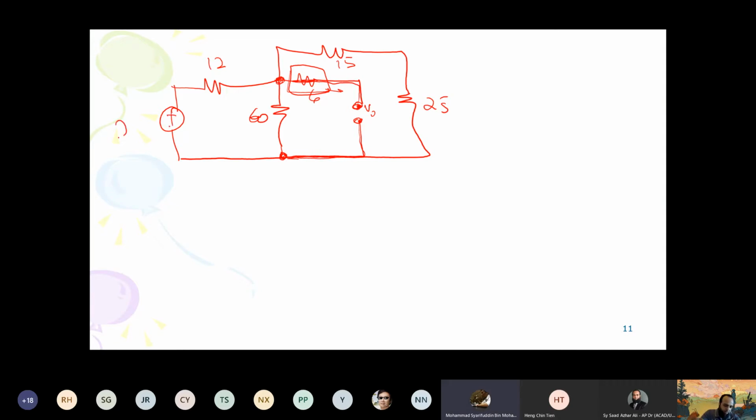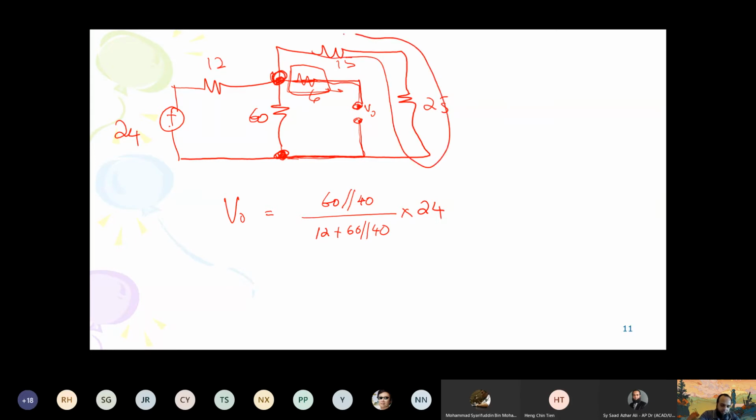So we can find the V0, which is actually this voltage, equal to 60 parallel with 40 divided by 12 plus 60 parallel 40, times 24. What did I do? I added these two in series.